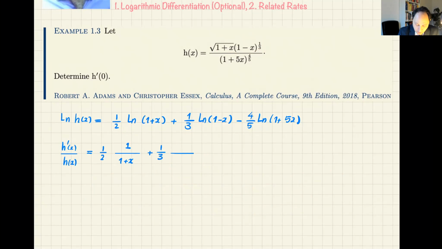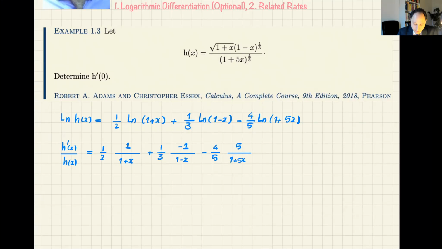You take 1 minus x to the denominator. You differentiate this in the numerator, it becomes minus 1. Then you have minus 4 over 5. And then you have this now. 1 plus 5x goes down, and then you differentiate this one, it becomes 5. You see, it is very, very simple in this way.